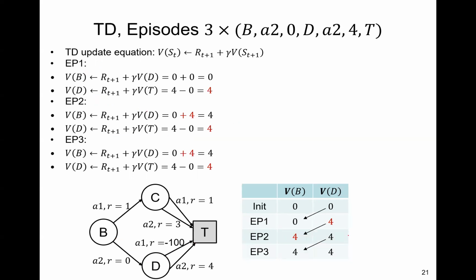So for the episodes BDT, where from D you take action A2, it is similar. Initially you bootstrap VB from VD to get 0, and VD from the terminal state. I should write another column here, but yeah, VD is bootstrapped to 4.